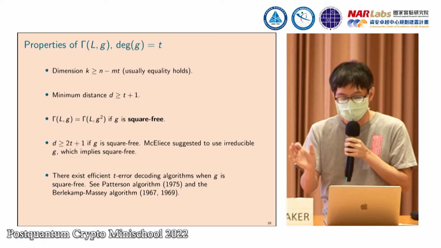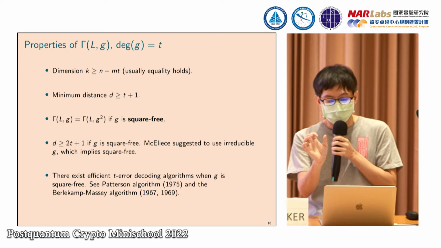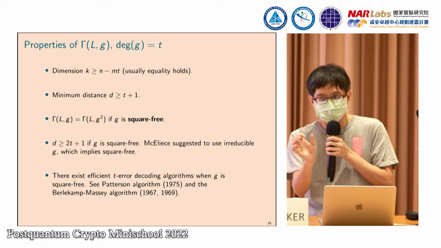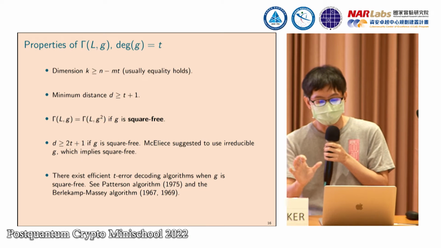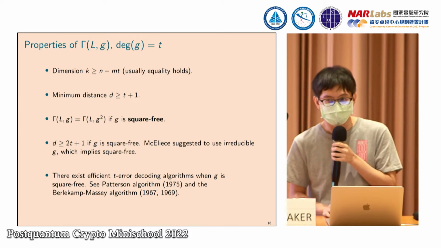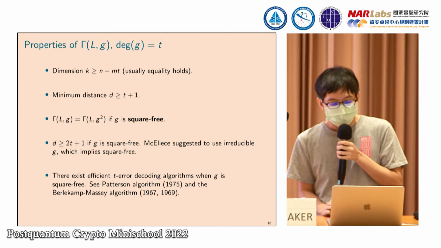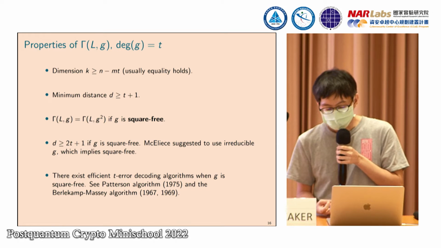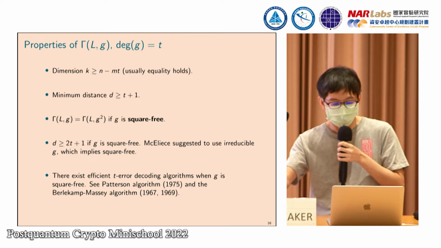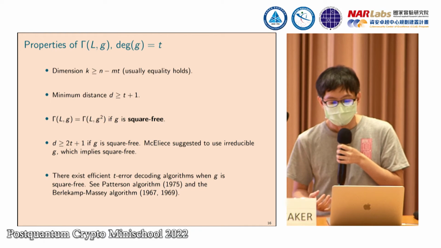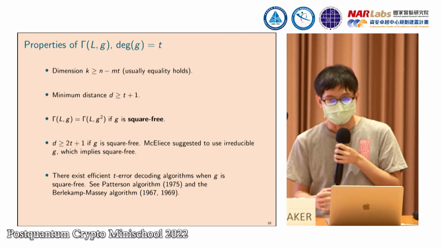This means that you cannot find a non-trivial factor of g, let's say this factor is called alpha, such that alpha squared is also a factor of g. Now you might feel that you don't really know why we need to know this, but if you combine the second property with the third one, then you can conclude that the minimum distance should be at least 2t plus 1.